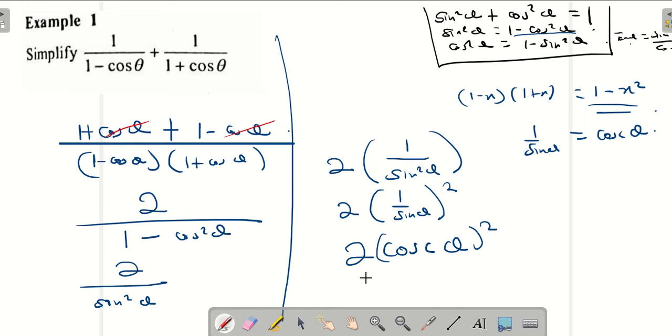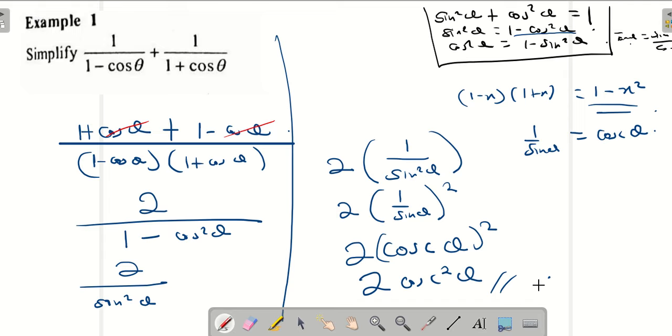And that is the same as 2 cosec squared theta. And that is the answer.